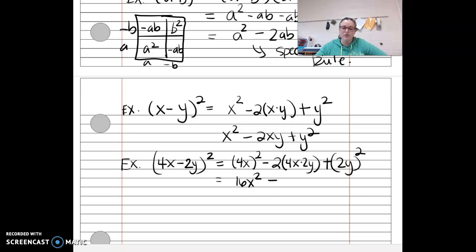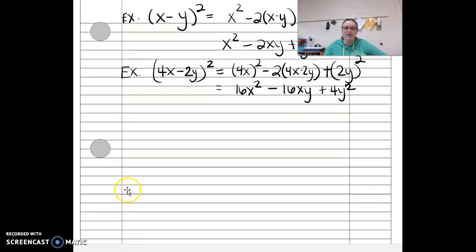I get minus 2 times 4 times 2. 4 times 2 is 8 times 2, 16xy. And then I have my 2y squared, which gives me 4y squared. If you set up the box, if you do the method that you really do enjoy, it will give you the same thing, but recognizing these special product rules will save you a whole heck of a lot of time.